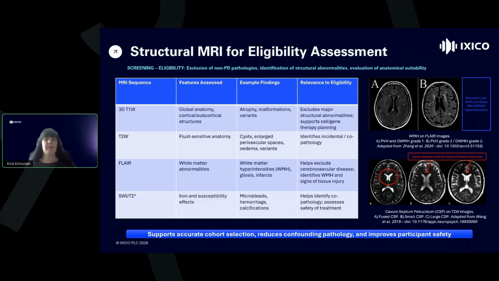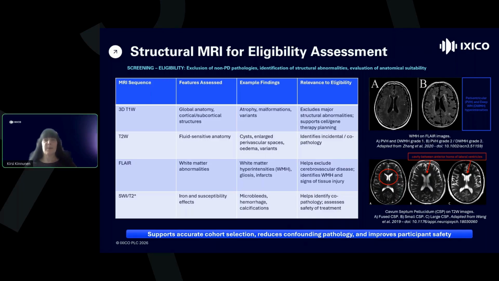The table here shows the most routinely used structural sequences. There are others, such as FGATIR or what's called BRAVO on GE scanners, and those can provide very detailed visualization of the basal ganglia area, which may sometimes be required for purposes such as surgical planning.